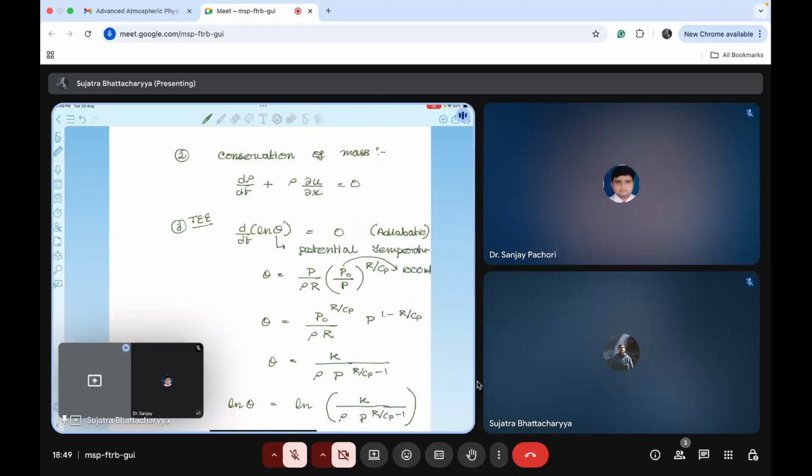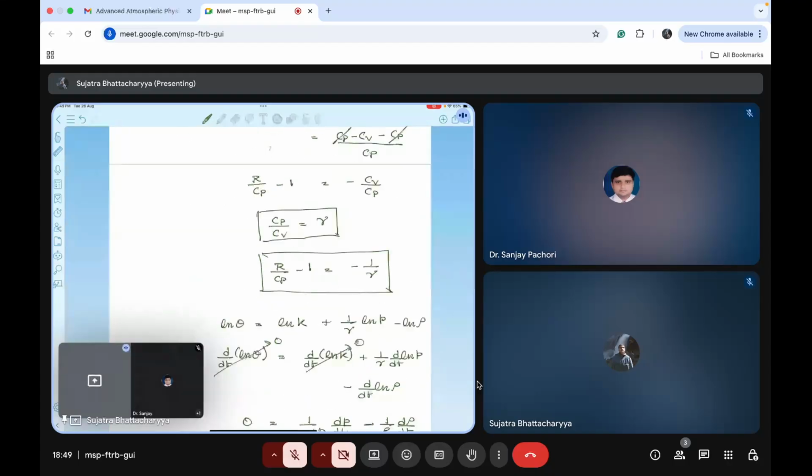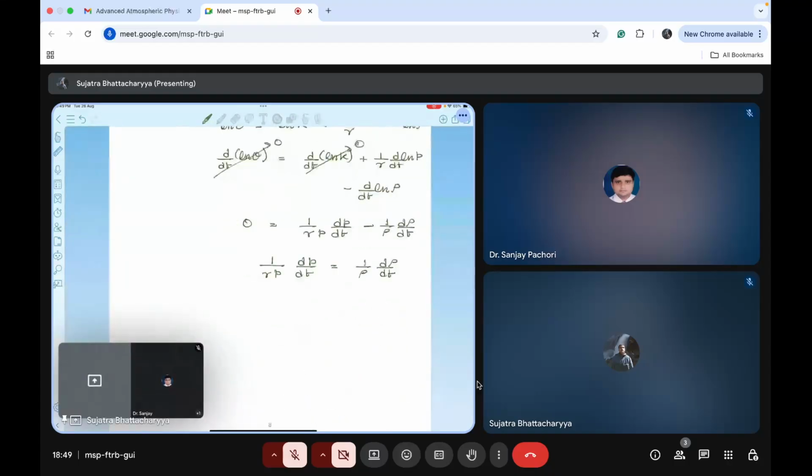And 1 by rho d rho/dt, can I go to the continuity equation? Yes. So 1 by rho d rho/dt will be minus delta u by delta x. Okay. So 1 upon gamma p dp/dt is equal to minus delta u by delta x.